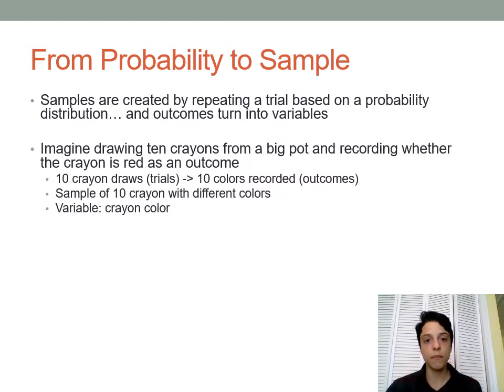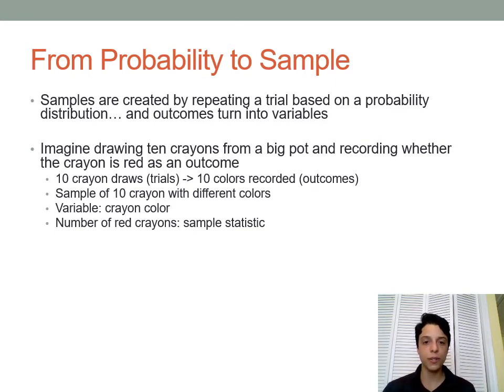And each time you include a member in a sample, so each time you pull it out of some larger population and record some characteristic, you're essentially doing a trial, like in probability, and recording an outcome. And then you could go even further and calculate the number of red crayons out of the crayons that you drew, and that would be your sample statistic.